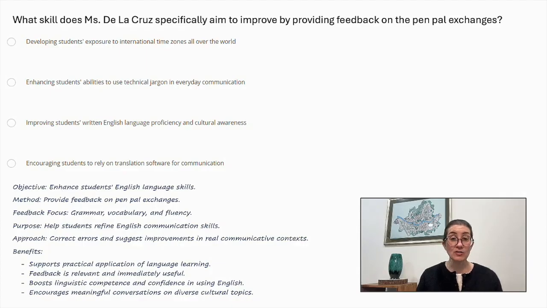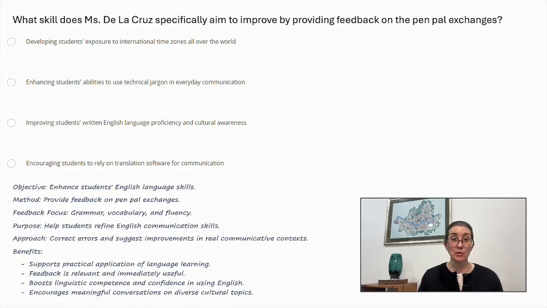By correcting errors and suggesting improvements in real communicative contexts, she supports the practical application of language learning, making the feedback highly relevant and immediately useful for the students. This not only enhances their linguistic competence, but also boosts their confidence in using English to engage in meaningful conversations about diverse cultural topics. So let's review the answers.